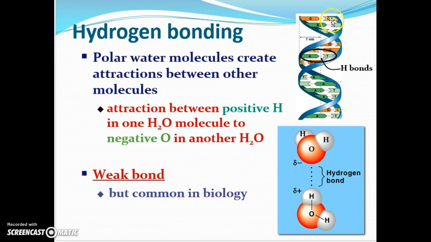But DNA in particular here with its backbone, that's the phosphodiester backbone there, is also held together with the bases in the middle. These 2 strands are held together with hydrogen bonds, which means that this is obviously not a water molecule in the middle. These are different molecules, but the important thing is that they have hydrogens within these bases that have that same attraction.